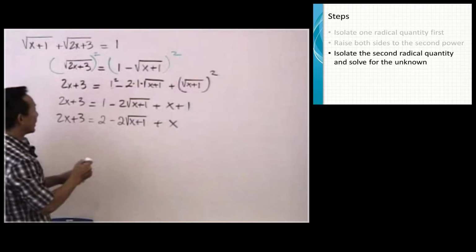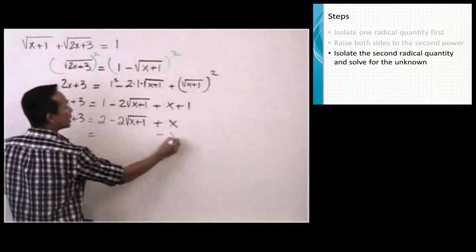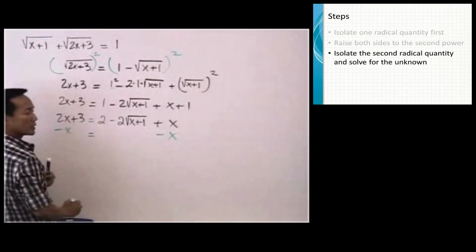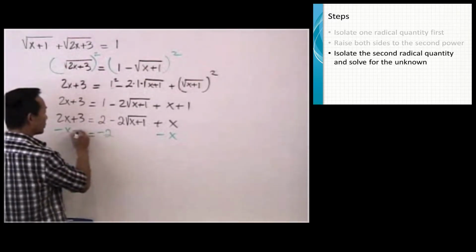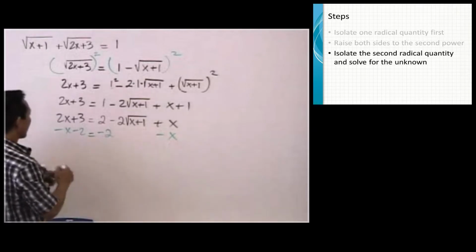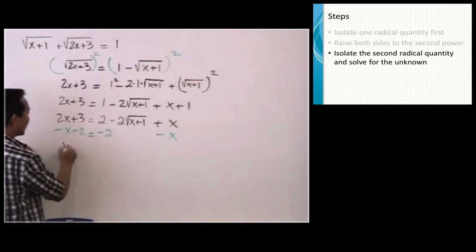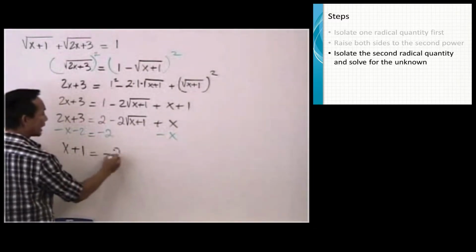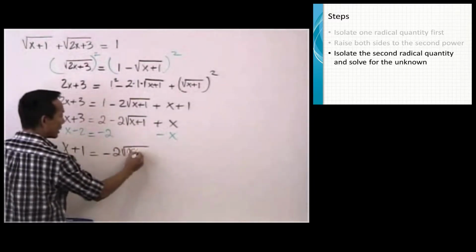So I am going to subtract x from both sides of the equation, and subtract 2 from both sides of the equation. And on the left, I have 2x minus x, which is x. 3 minus 2 is 1. And on the right side, I have negative 2 times the square root of x plus 1.